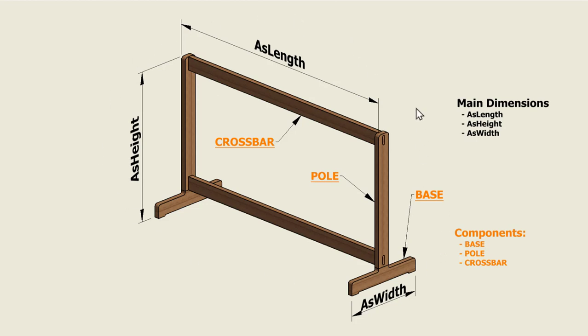This is an assembly and we have to recognize its components: crossbar, pole and base, each one in two instances. The dimensions are named: length, width and height, and the prefix AS is for assembly.